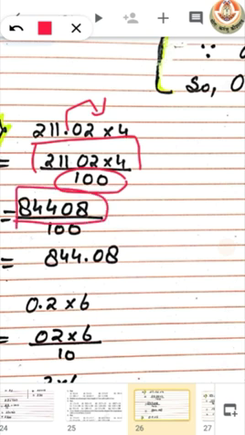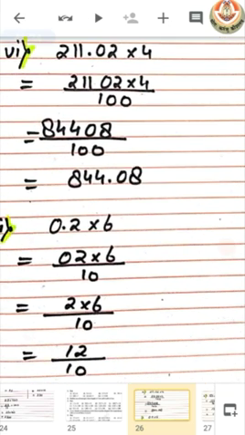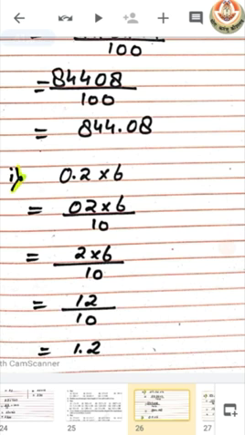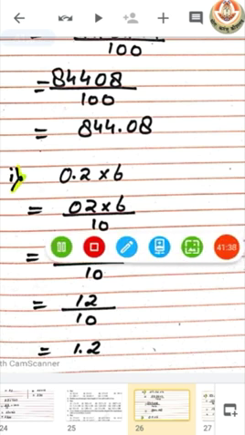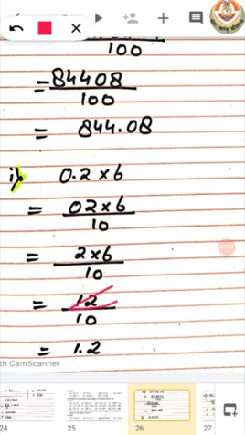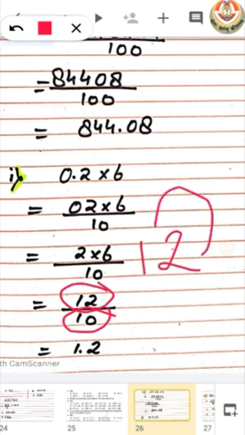Now we have 100 in its denominator, so to remove that 100, we have to shift the decimal 2 places to the left side. Similarly, you can see in this, first we multiply 2 and 6 as whole numbers and we get 12 as the answer. Now we know that we have 10 in its denominator, so we have to shift the decimal towards the left side to remove that 10 from its denominator, and we get our answer 0.2.